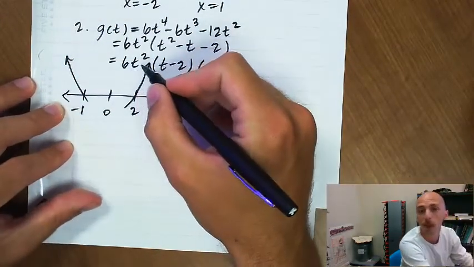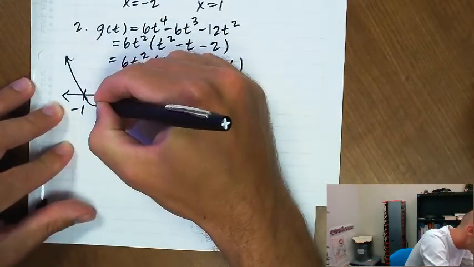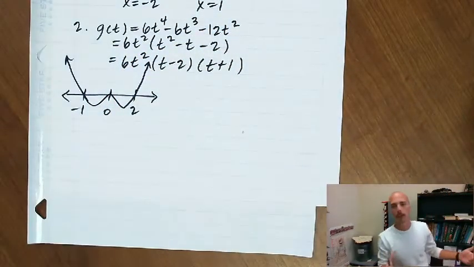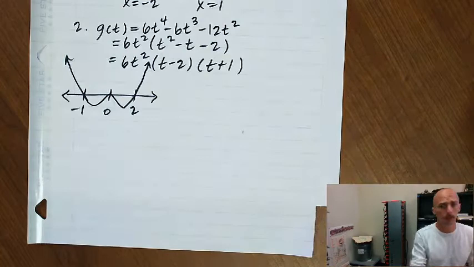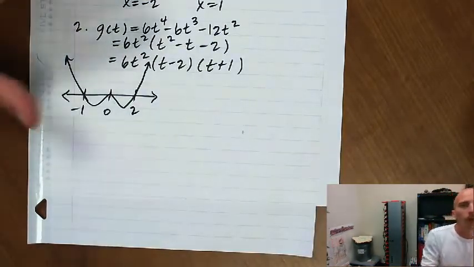And then because of the t squared, because it's a double root, it's going to bounce there. And that actually looks like it's going to fit with my picture. So that's kind of the sketch of the graph. Not a great sketch, but better than what we started with, which was no sketch.